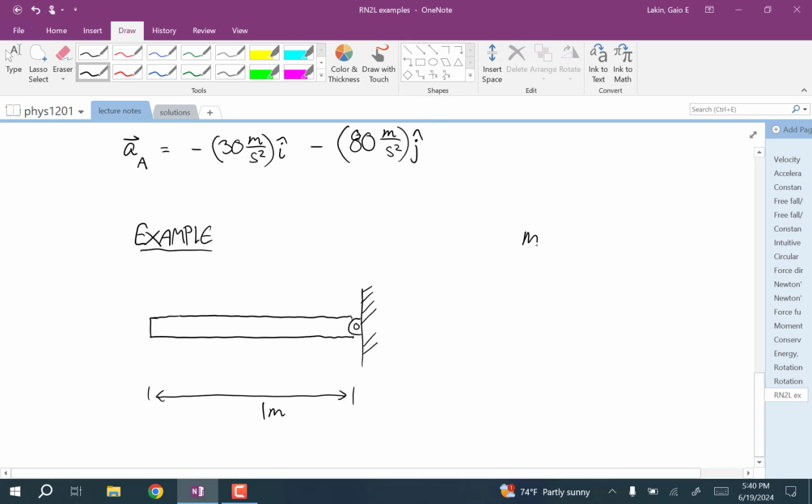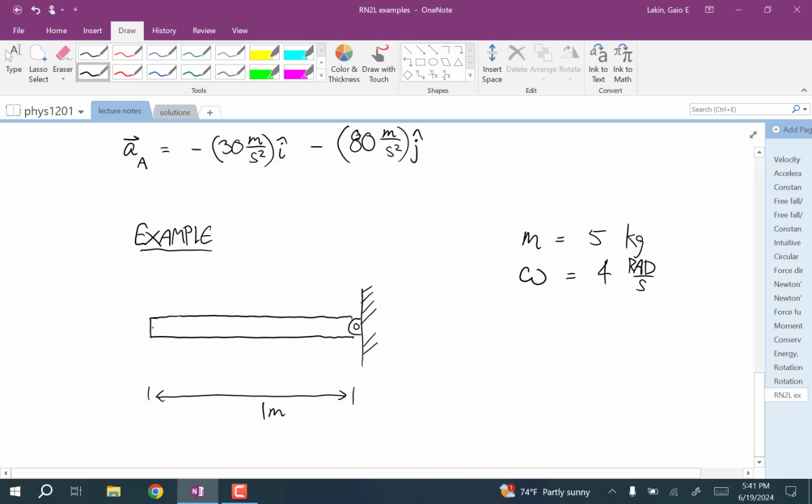And we'll say that the mass of this beam is 5 kilograms. And at this instant, let's say that this beam is moving, let's say it's sort of falling down, which would mean that the angular velocity, it's counterclockwise, so this is going to be positive. So let's make this 4 radians per second.